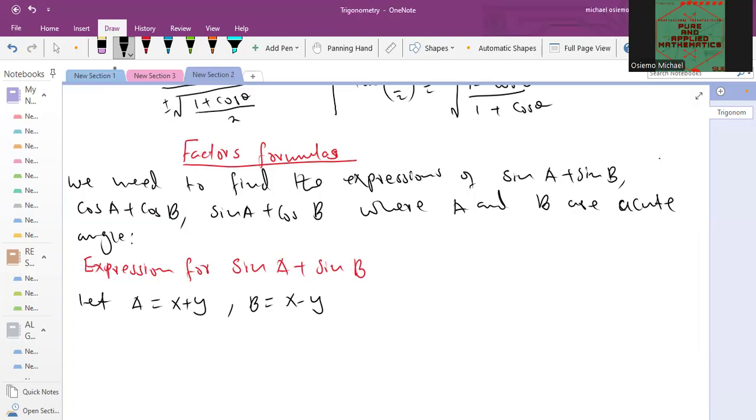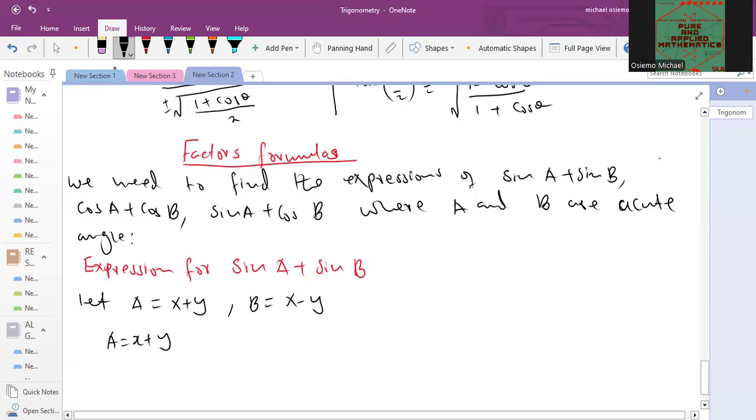So if that is the case, we have A is equal to x plus y, and B is equal to x minus y. Let's call these equation 1 and equation 2.